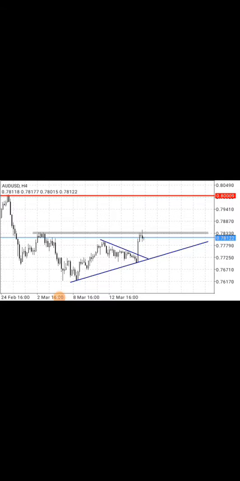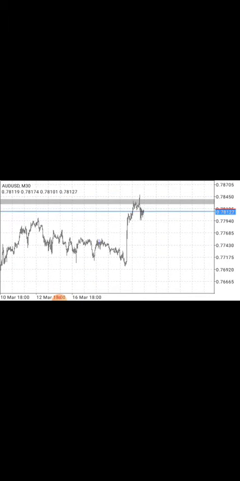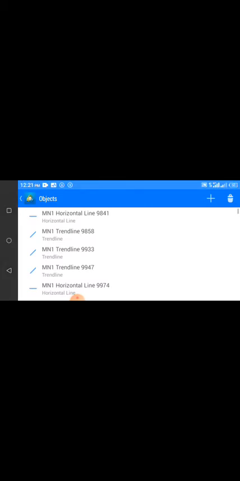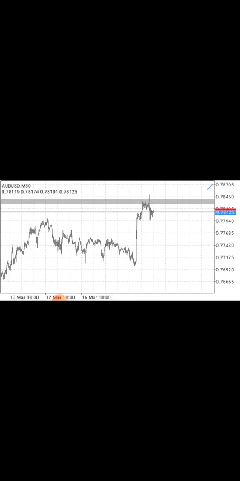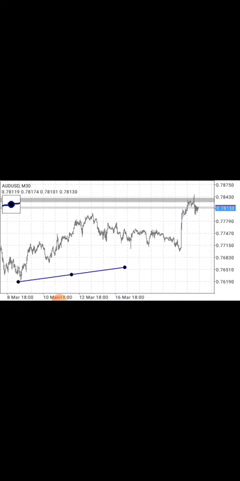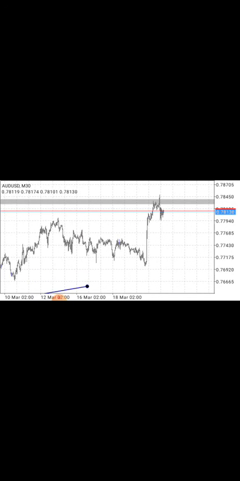So you can go to the 30-minute time frame so that you will be able to catch the price when it is going to move. You can draw another 30-minute trend line there. This is what we saw on the 4 hour, so I want to draw it on the 30 minutes.